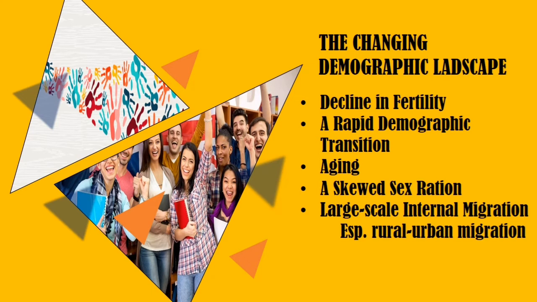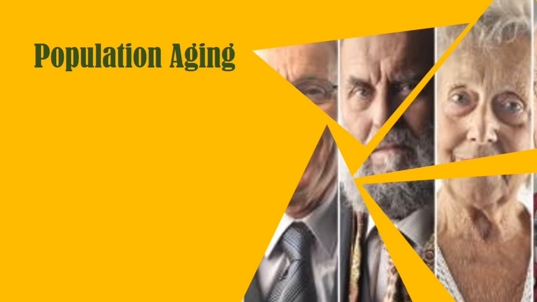When we say skewed sex ratio, there is an observable distortion or sudden change in the number between male and female population.